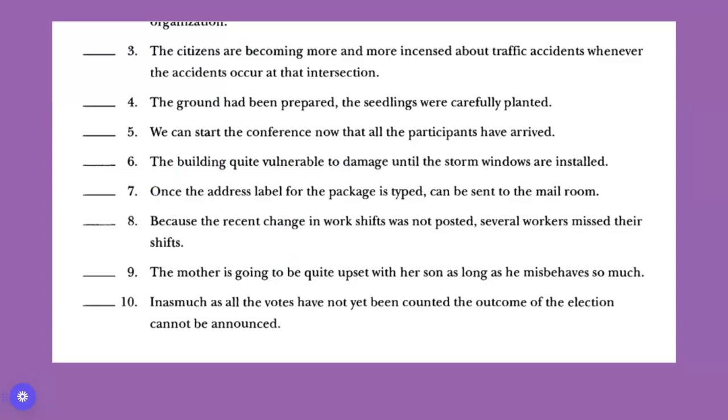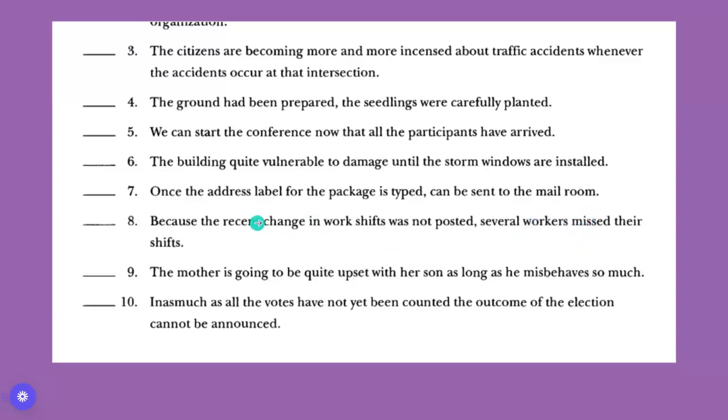I think it's correct because it starts with because. Let's see if both sides have subject and verb. Because the recent change in work shift was not posted, okay, subject and verb. Several workers missed their shifts, subject and verb, missed, correct.